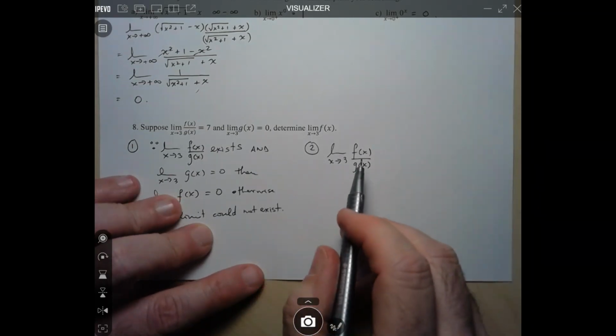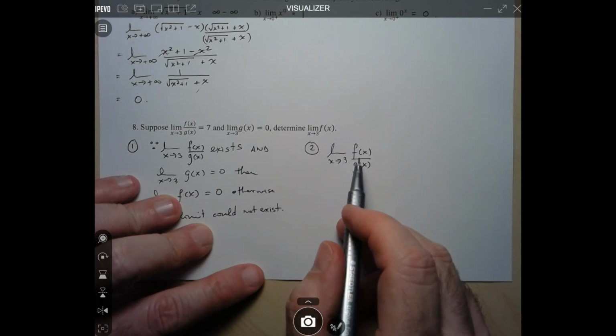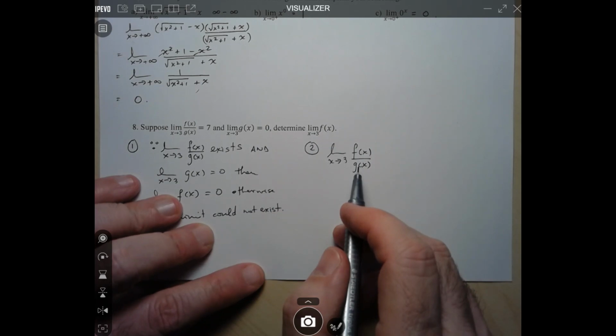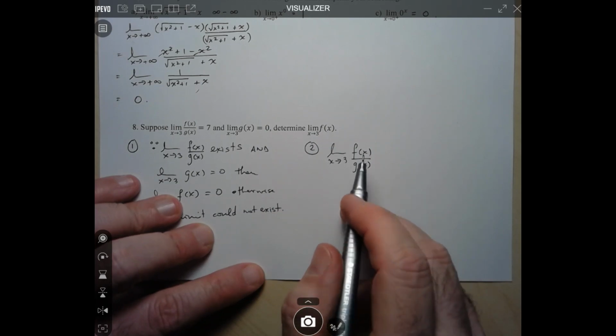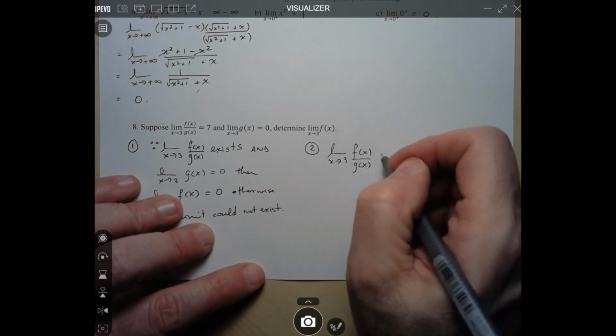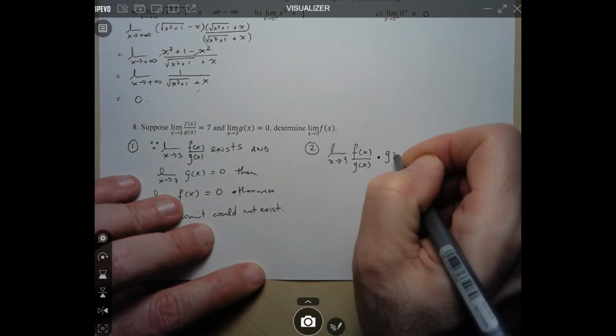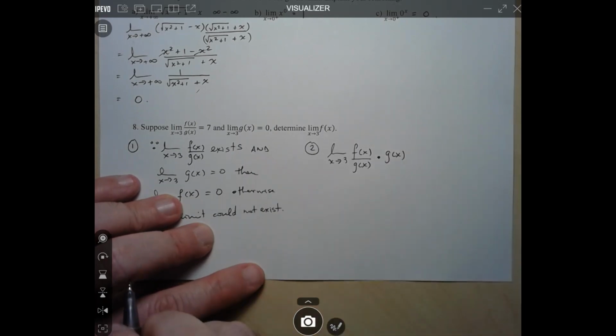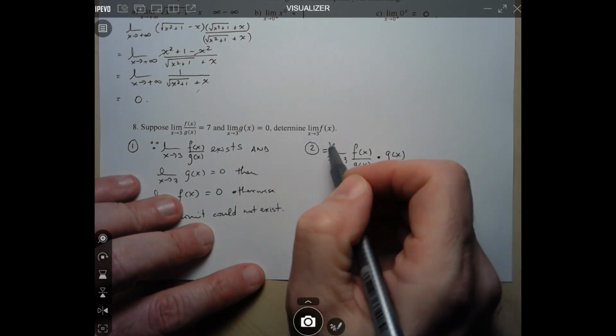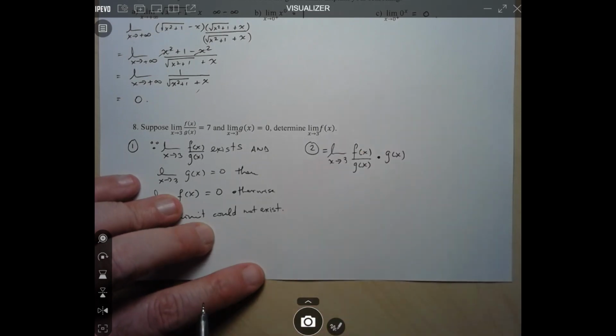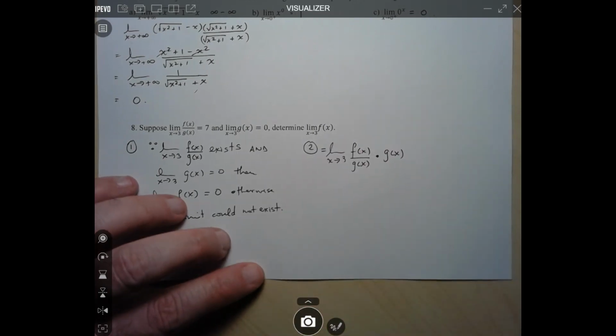So somehow I need to get an f(x) over g(x). But look at what I just did. I just divided by something that wasn't there before. So the only way I can get away with this is if I also multiply by g(x). And I see that this is equal to the limit of f(x) as x approaches 3.